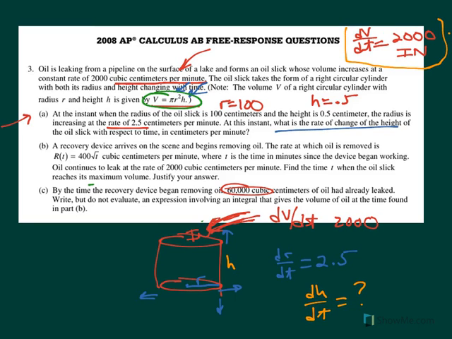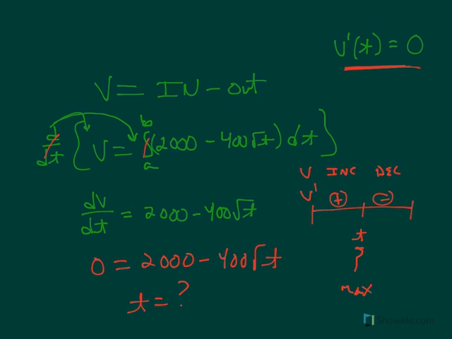Write but do not evaluate an expression involving an integral that gives the volume of the oil at the time found in part B. So when it reaches the maximum volume at that time, how much oil is there? We know we're going to start with the 60,000.